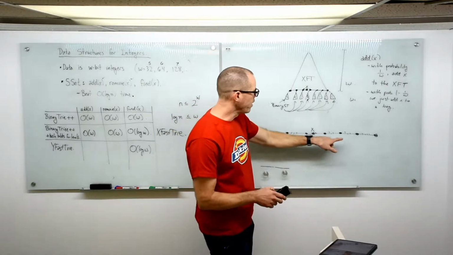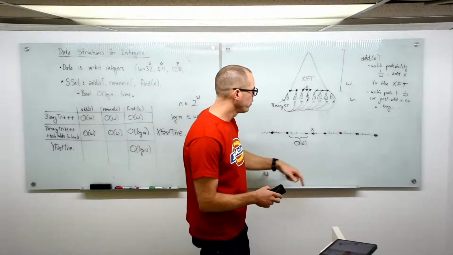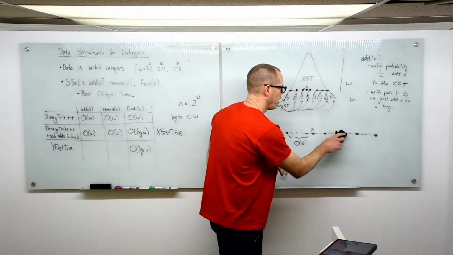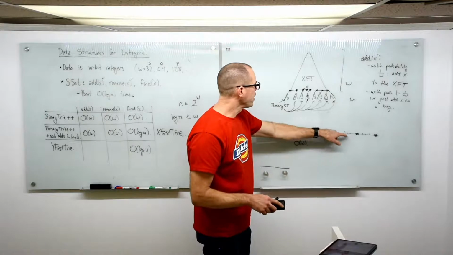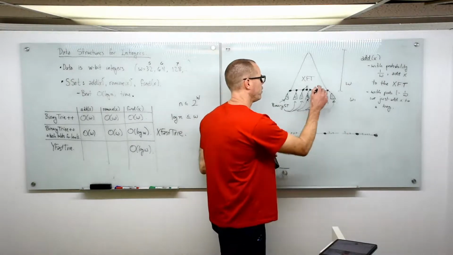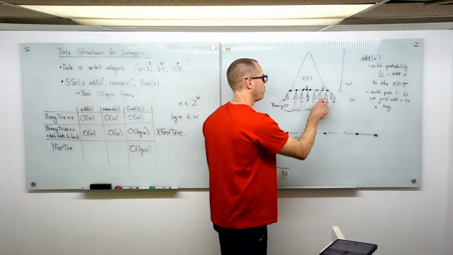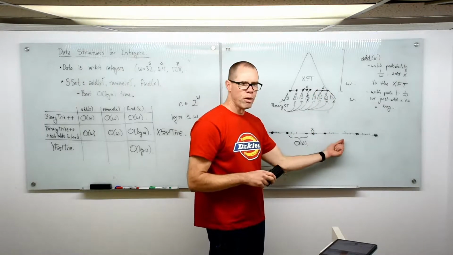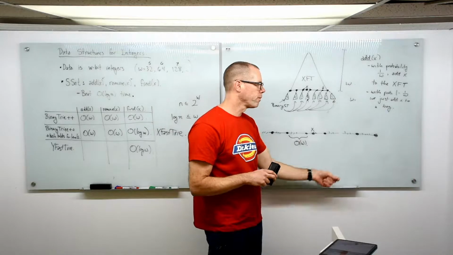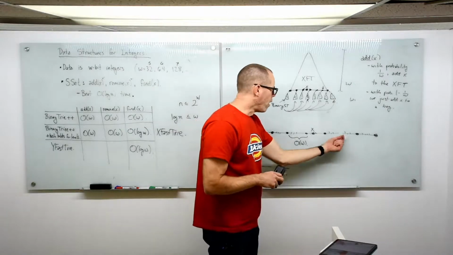For instance, maybe this is the thing that I have to remove. Then there were two bags down here, and if this is what I'm removing, these two bags need to be merged into one bag. That's not hard.